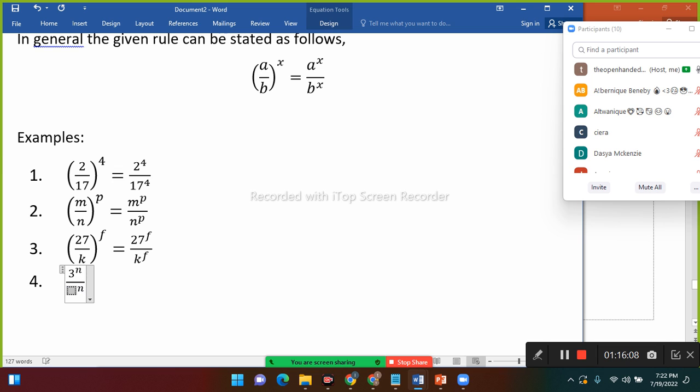I'll use 9. Let's say 7 to the power of n. What would this be, Deja?